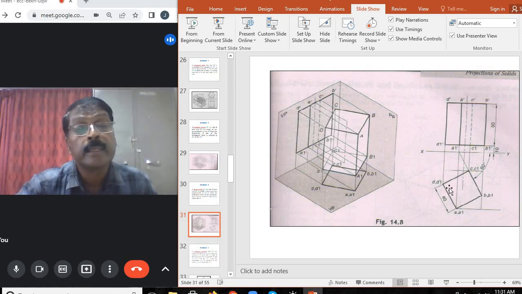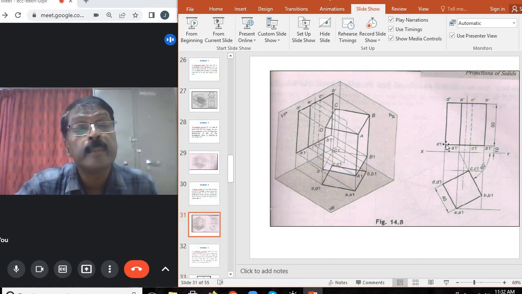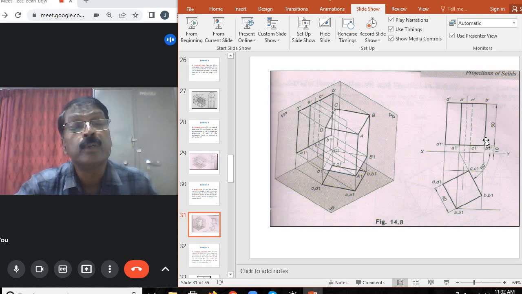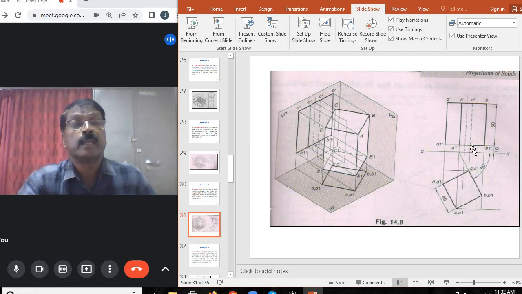Here D is the left extreme end of the top view, and B is the right extreme end. In between the projectors from d and a, complete the baseline 10 mm above, that is the bottom base in the front view. The height of the prism is given as 60 mm, so from all the corners of the base, draw vertical lines of 60 mm and complete the front view.